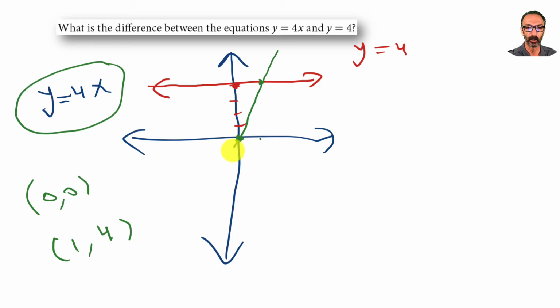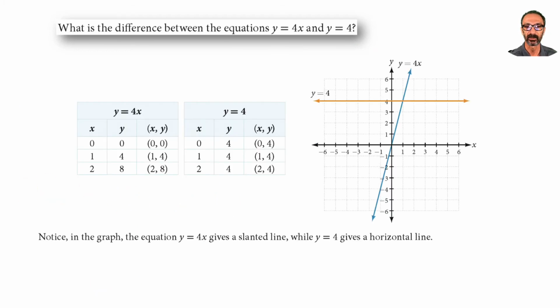Notice I used 2 points only because I'm confident enough to graph it correctly, but usually take my advice and plug in 3 points. Another good point would be -1. -1 times 4 will give you -4, and that would be this point.